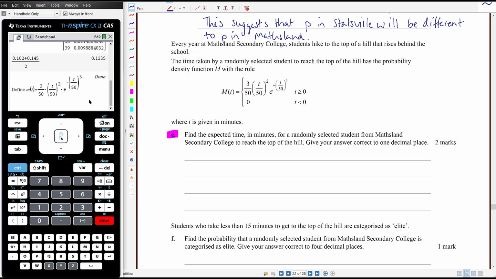Okay. Find the expected time in minutes for a randomly selected student from Mathsland Secondary College to reach the top of the hill. Give your answer correct to 1 decimal place.